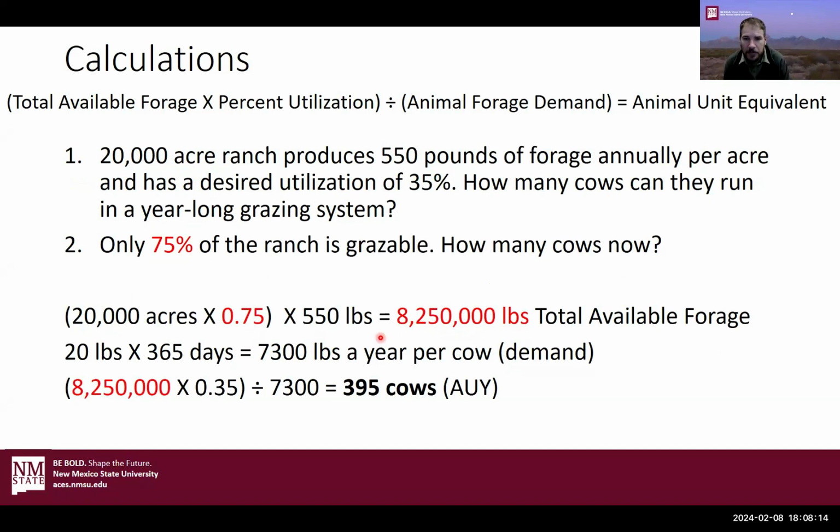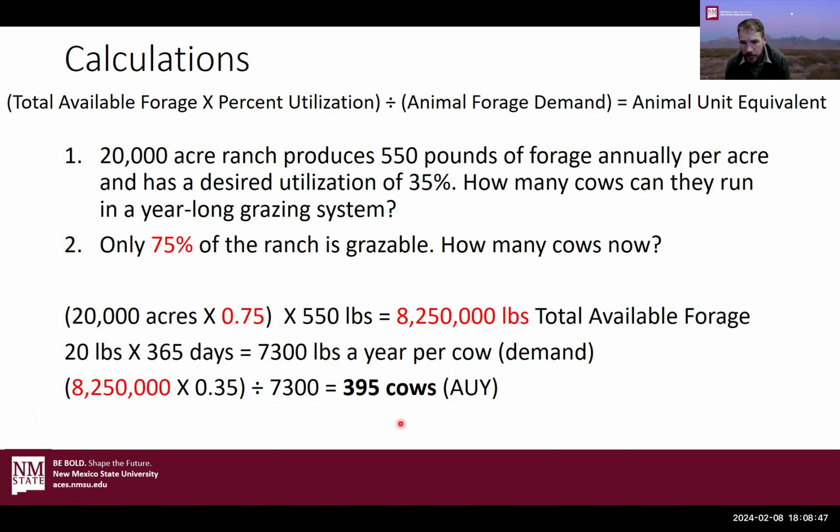Seems like a lot, but it's not that much when you're dealing with a full year of food for a cow. Going on, we still have the 7,300 pounds a year per cow. Plugging everything back into the equation, the new total available forage times the 35% utilization, divided by consumption per year, we've got 395 cows.